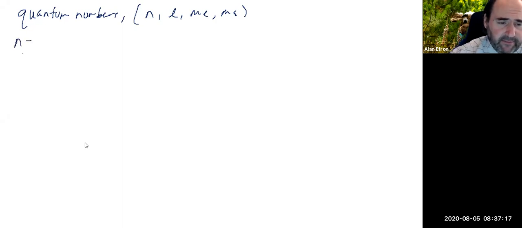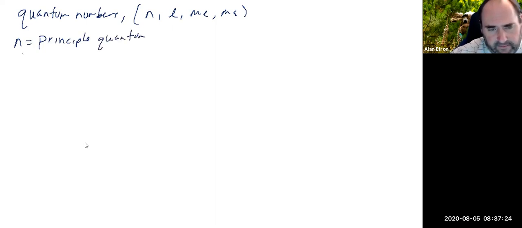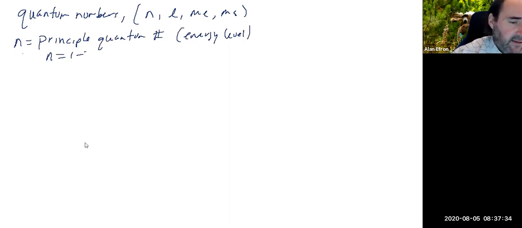So n is the principal quantum number, as we talked about, and that is essentially your energy level. It does have values of 1 through 7. l is the angular momentum.